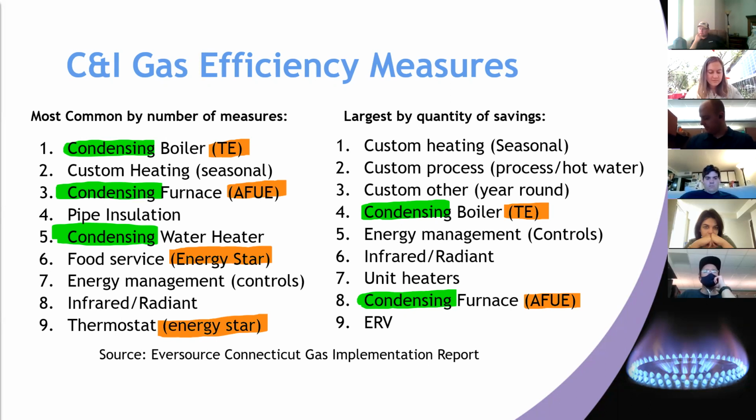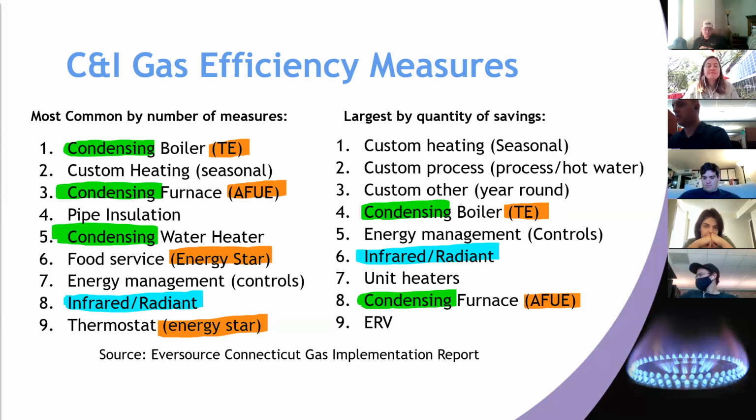We'll talk about thermal efficiency, which is TE. We'll talk about AFUE, which is annual fuel utilization efficiency, and Energy Star. And these are all ratings or certifications to show the efficiency of different types of equipment. And then we will talk about infrared and radiant systems. We'll talk basically about what the various types of heating applications are in a building or in a process that we might see.